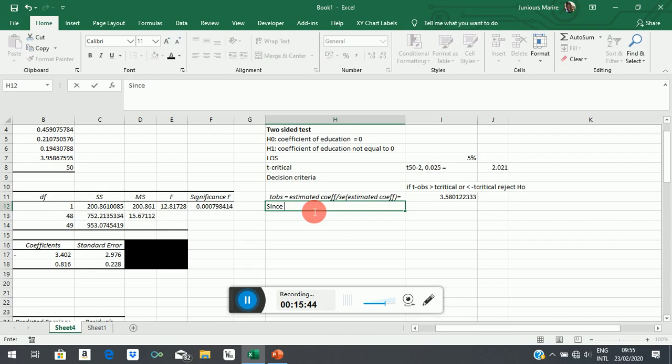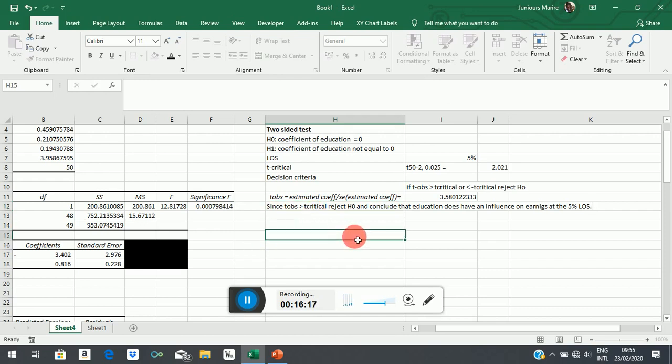Since T obs is greater than T critical, reject H naught and conclude that education does have an influence on earnings at the 5% level of significance.